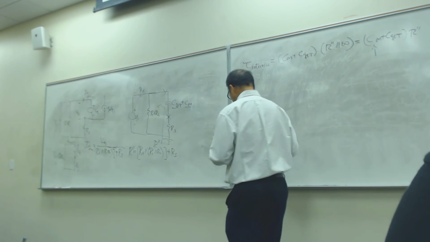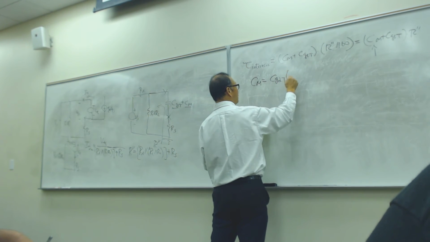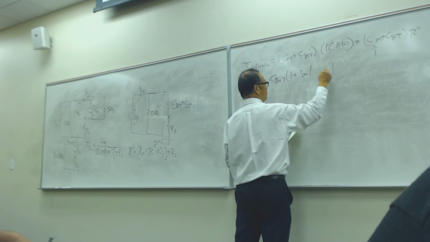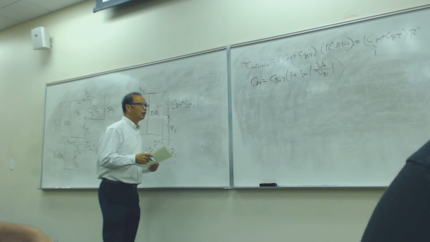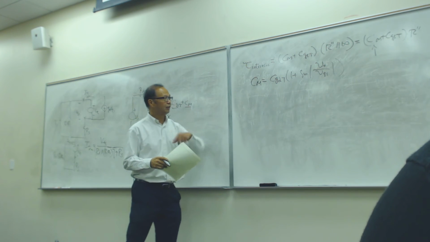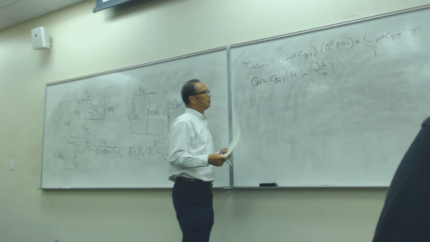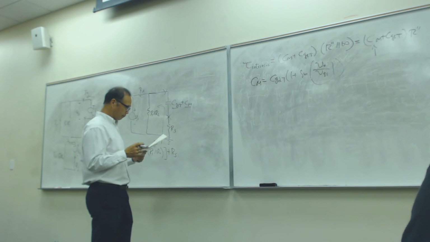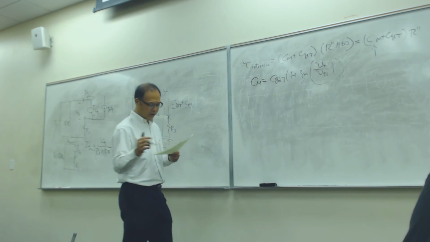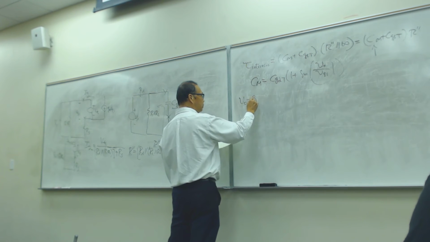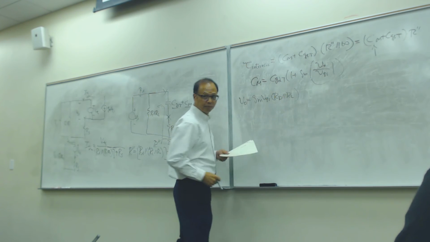So I gave you the formula. C sub n is equal to CGDT times 1 plus G sub n, the magnitude of V sub O over VGS. Right? And in this equation, everything is known except for that. So what is V sub O? If you go back to the AC circuit, you will know that V sub O is equal to G sub m VGS times RT in parallel with R sub L. Correct?